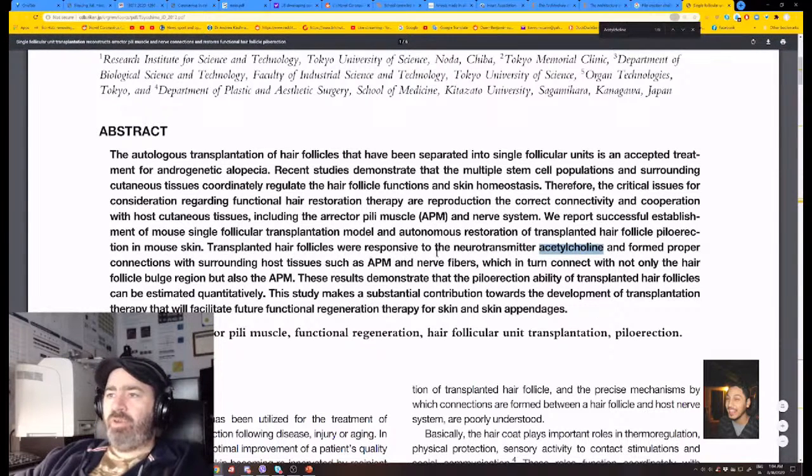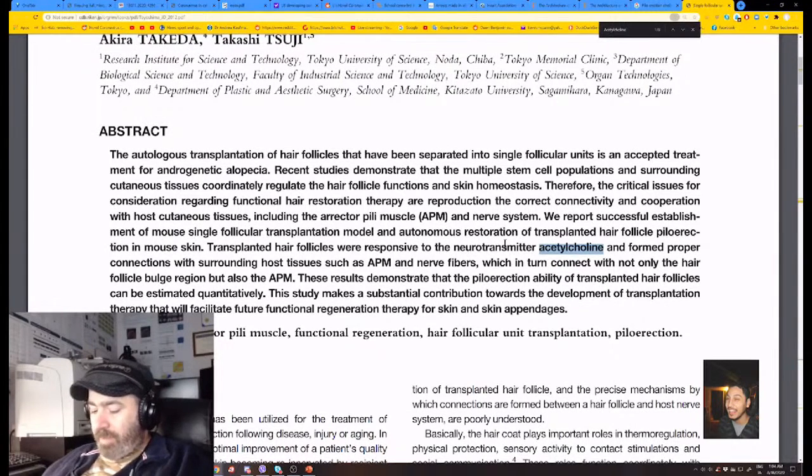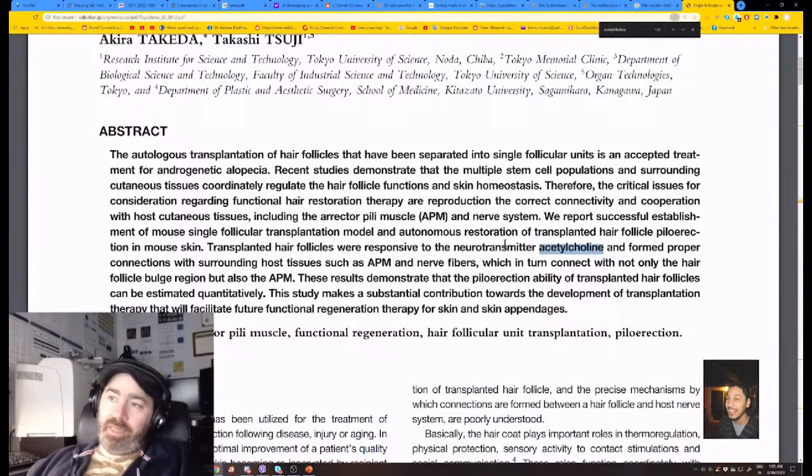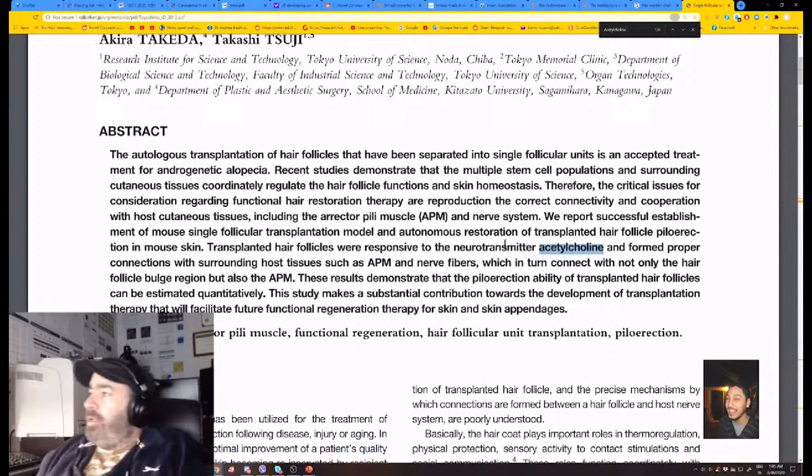Okay, so transplanted hair follicles were responsive to acetylcholine, forming proper connections with the surrounding host tissues. There you go. So there we've got a cholinergic mechanism at the hair follicle. Okay, and if it gets attacked by a virus, it's likely damaged. That's why your hair is going to fall out. And I would imagine it's probably going to be a permanent state.